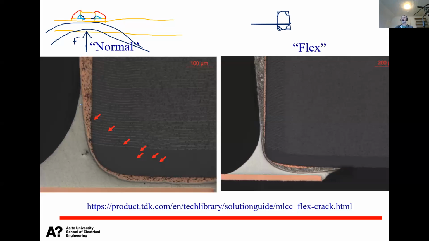It's not a permanent, complete failure. It's just that the capacitor is not functioning as it should anymore. And this of course quite often means that your circuitry just starts to behave strangely. It's not failing completely, which would be easier to analyze.